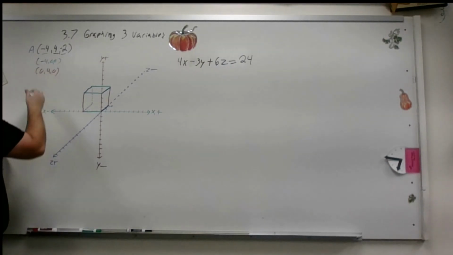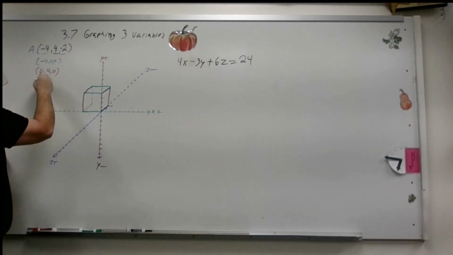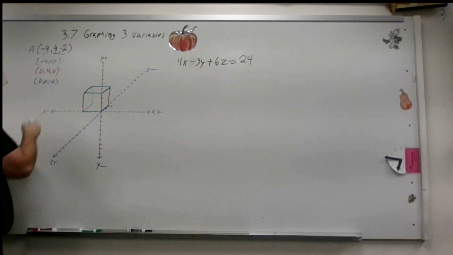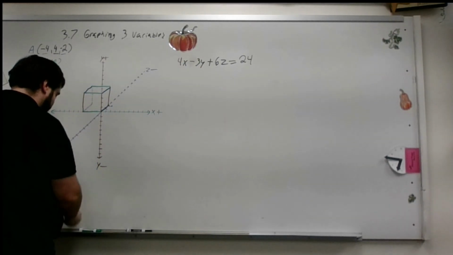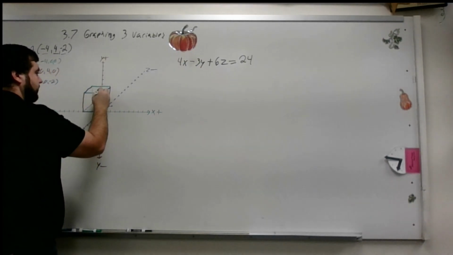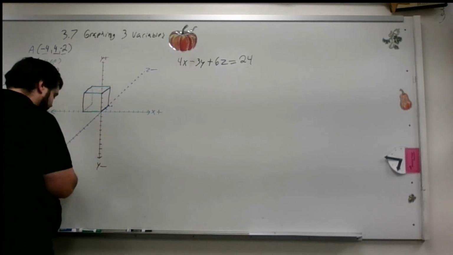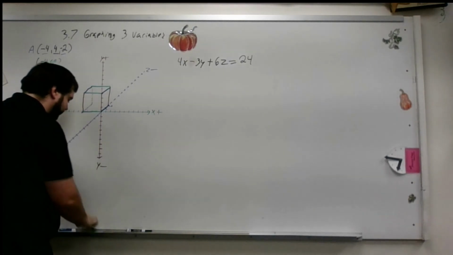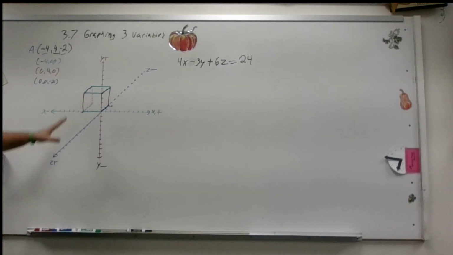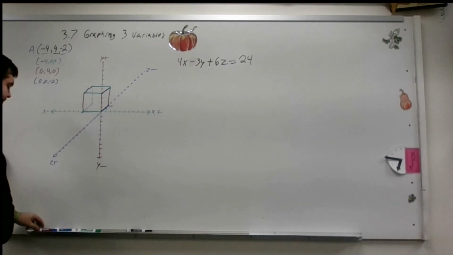This is just to help you visualize it. I don't need you to tell me, but I can see that that point's right there, that point's right there, and that point's right there. They're all on my cube. That kind of establishes boundaries when I'm drawing it.